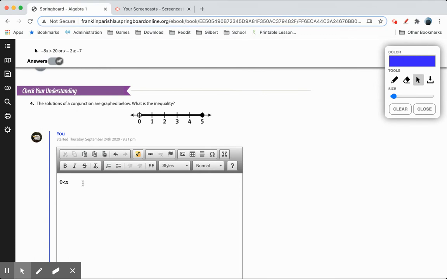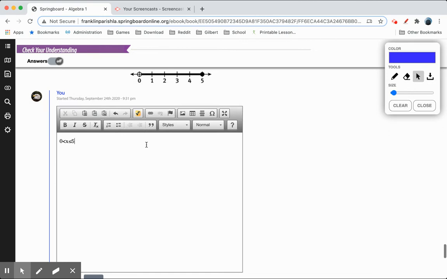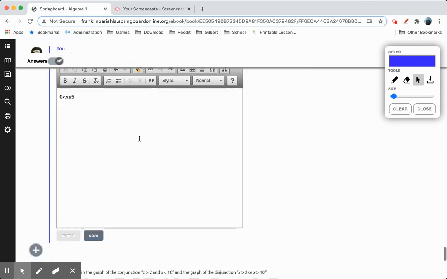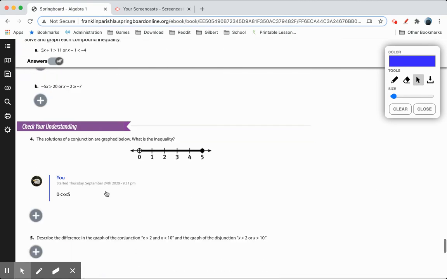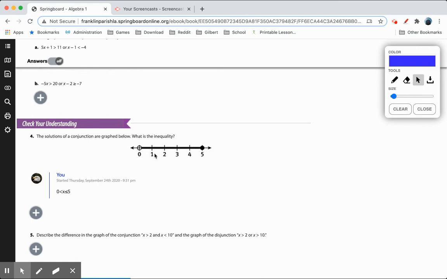Same thing. And then it is also less than or equal to 5 because it's got the dark circle. So less than or equal to 5. I just copied and pasted that less than or equal to sign, but you could have used this button right here to enter it in. There you go. Just by reading this, you can tell what inequality it says.